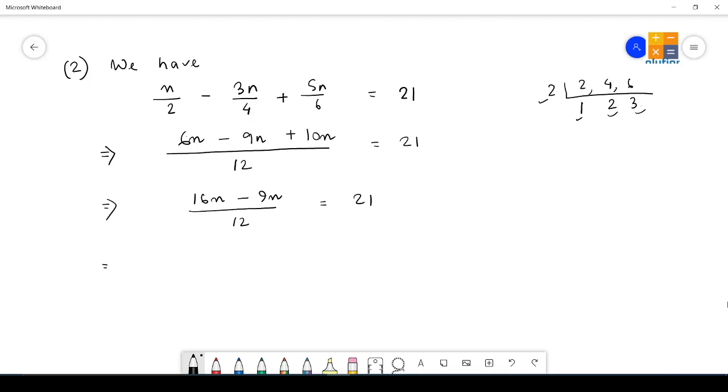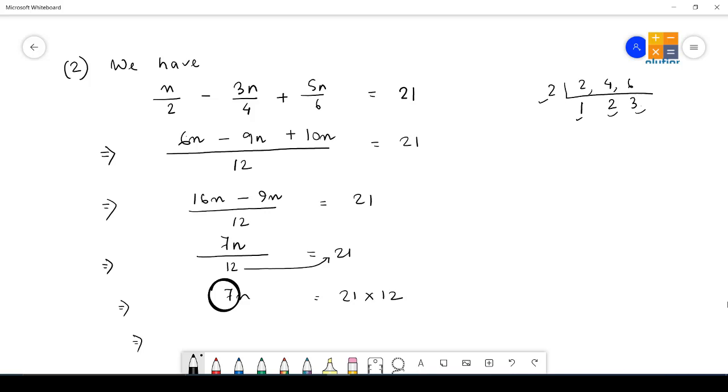Then in the numerator, what do I get? 16 minus 9, it will be 7n. 7n by 12 is equal to 21. After that, 12 will be shifted to the opposite side like this. 7n is equal to 21 into 12. Again, 7 we have to remove from this side.